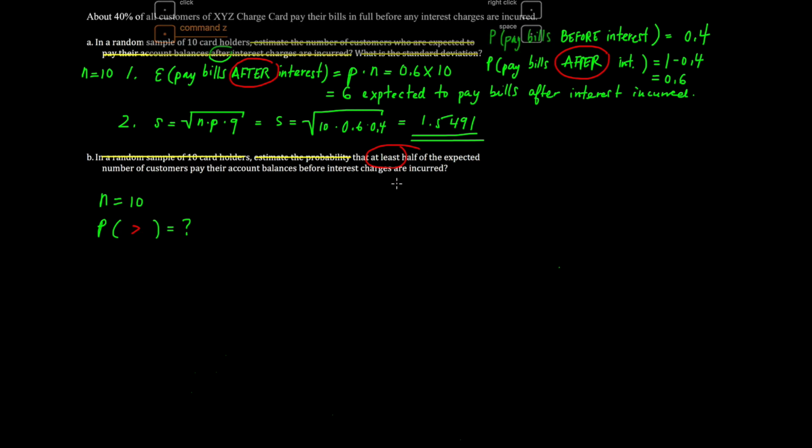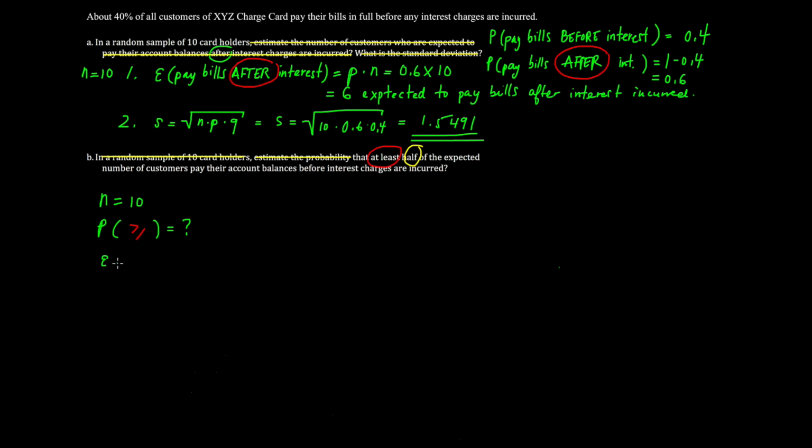Okay, now we want at least half. Okay, so let's, at least, and we want at least half of the expected number of customers. So what is our expected number of customers?